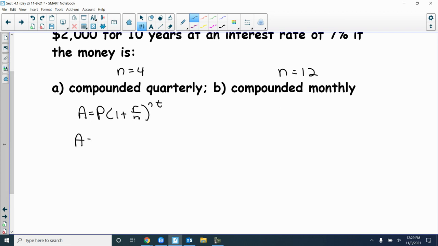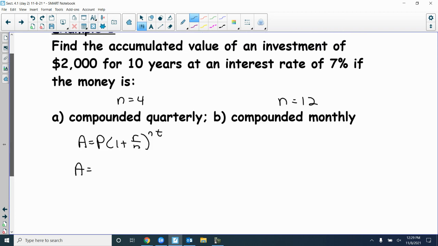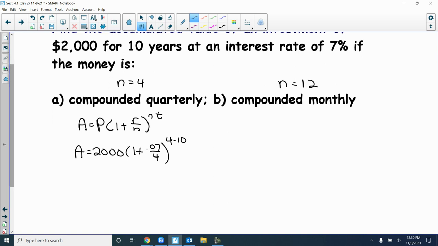So the amount will be $2,000 times (1 plus 0.07 divided by 4) to the 4 times 10 power. If this is a small enough number, go ahead and multiply those together.